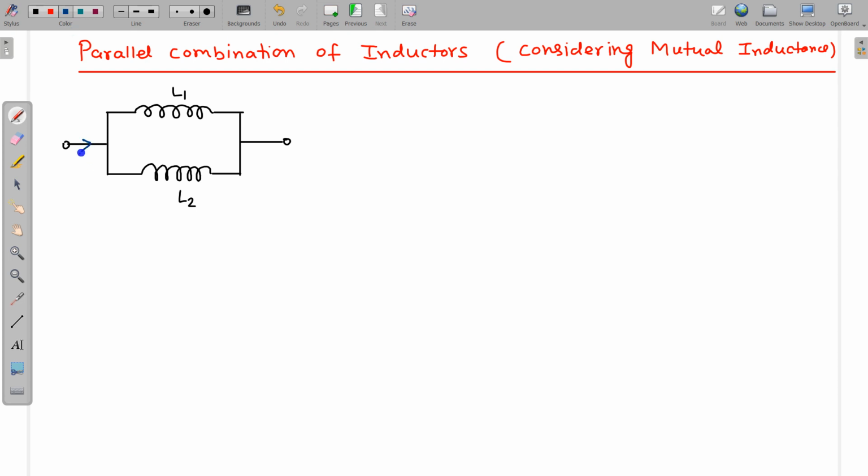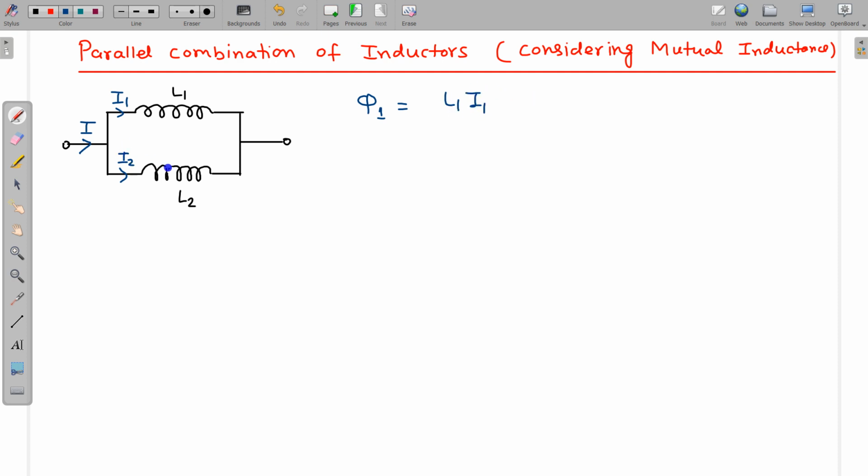Suppose current I is entering this combination, and here the current going is I1, and here the current is I2. If I write the flux passing through coil number 1, this flux will be due to self and mutual. The self flux will be L1 I1.